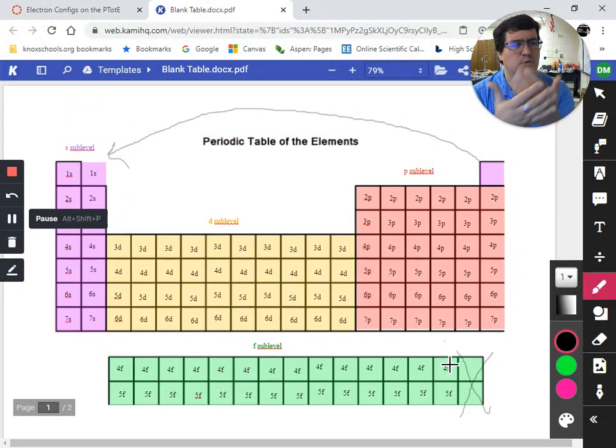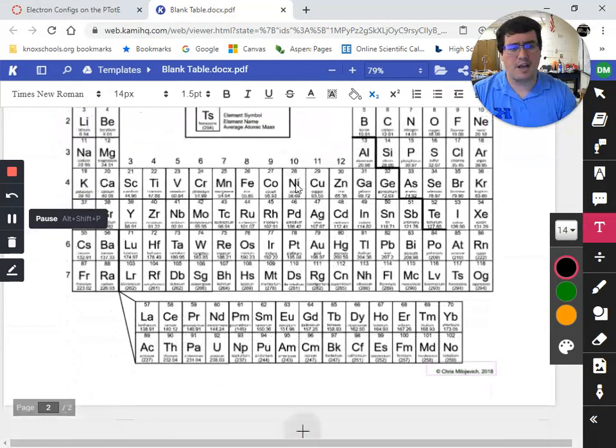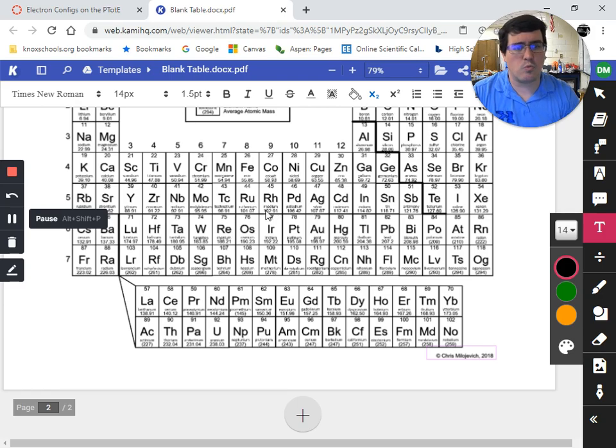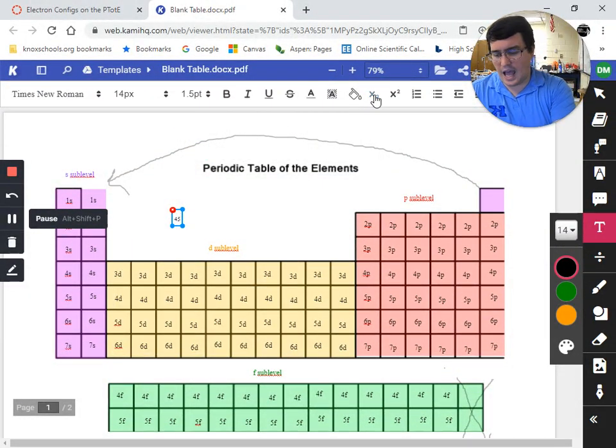So how do I use this? How do I, as a chemistry student, use this, for example, if a question asks me about element number 45, which is rhodium, Rh? Let's say I need to find the electron configuration of that atom, okay?